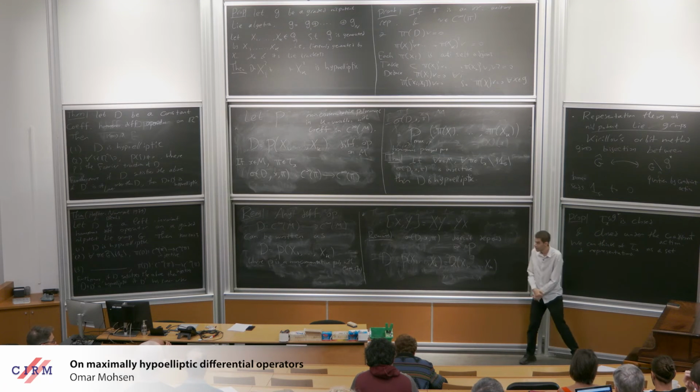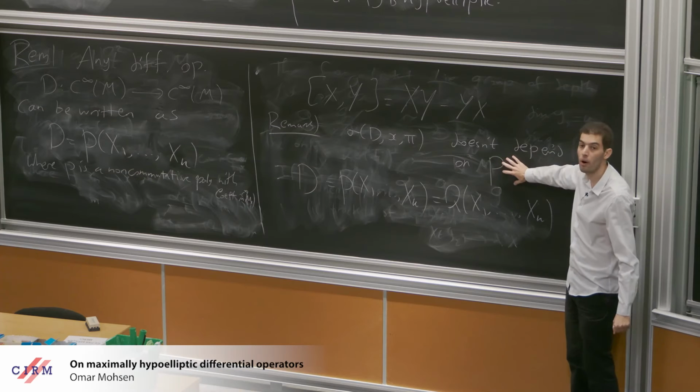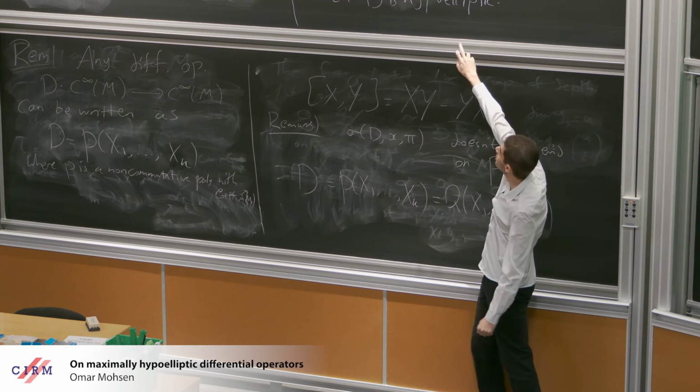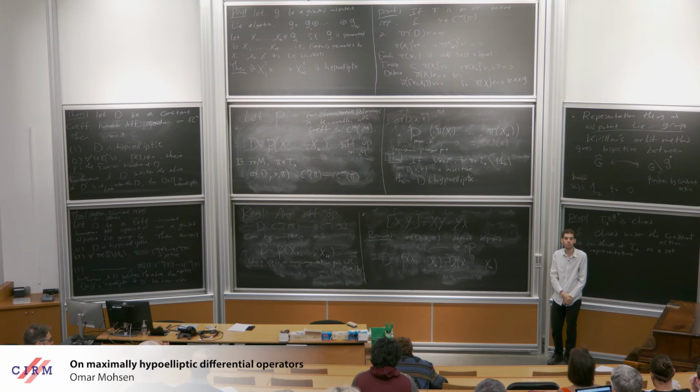So this is a very crucial point. This only works if pi is in the set tau of x. It's false if not.